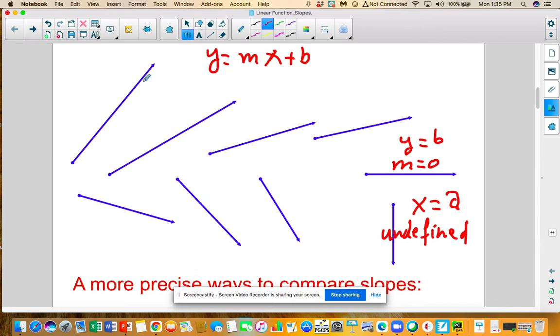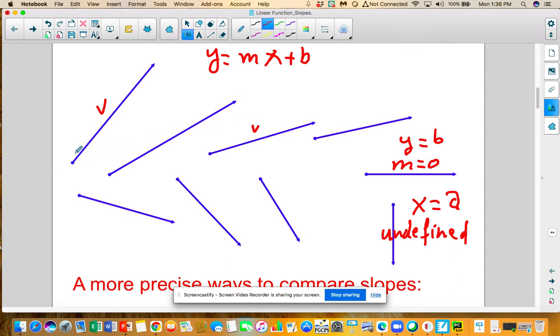Since we cannot tell exactly what the slope of any of these lines is, we can still compare them based on the way that we can see the steepness. We can see that the slope of this line would be greater than the slope of this line, for example.